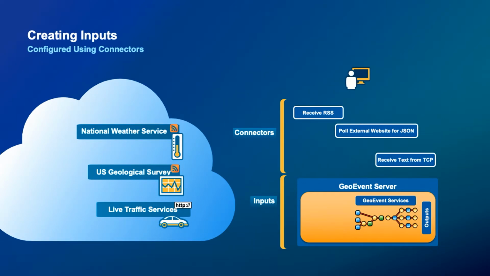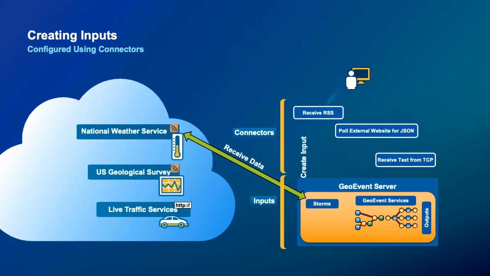So he sees that the National Weather Service provides an RSS feed. So he uses the receive RSS connector to create an input called storms, which connects and receives data from the National Weather Service.